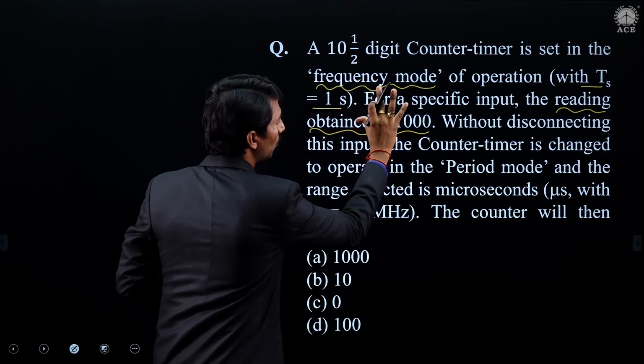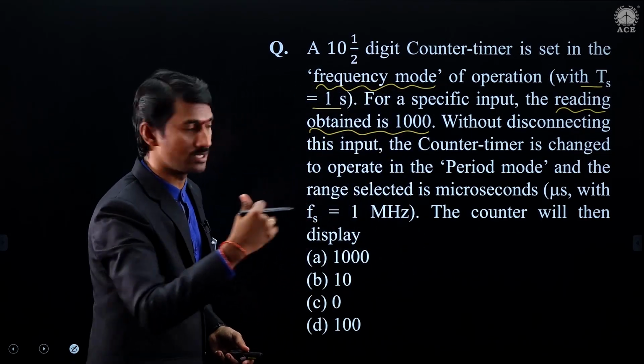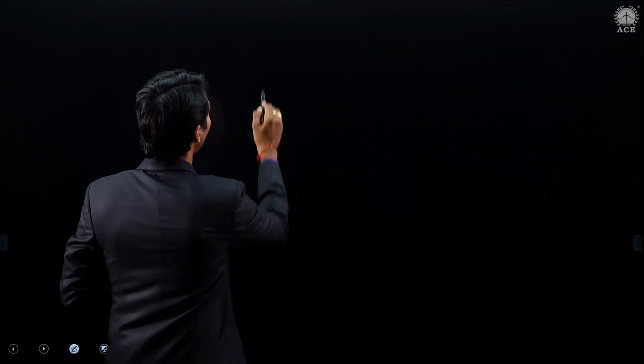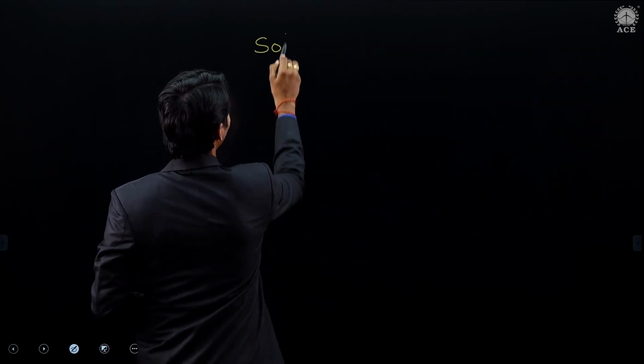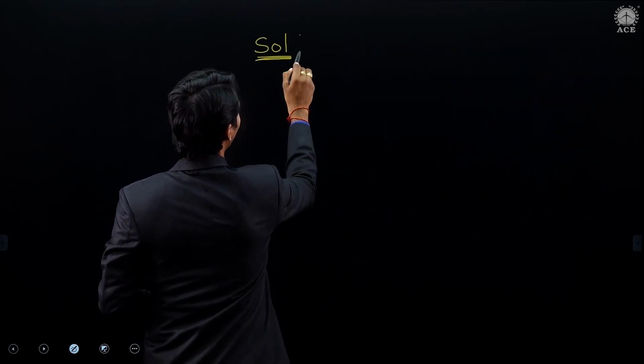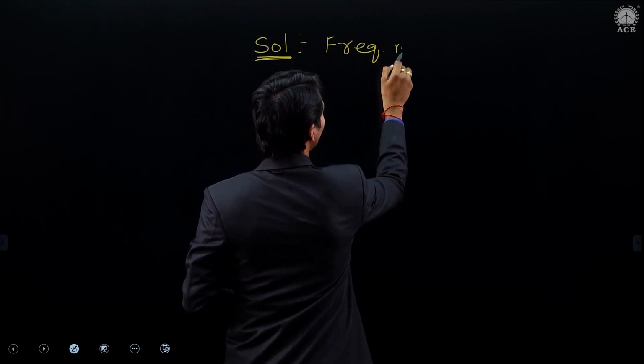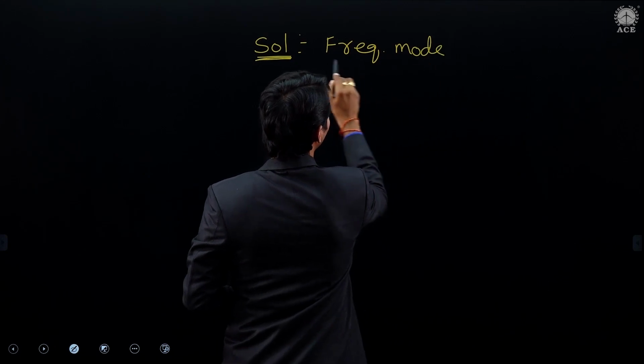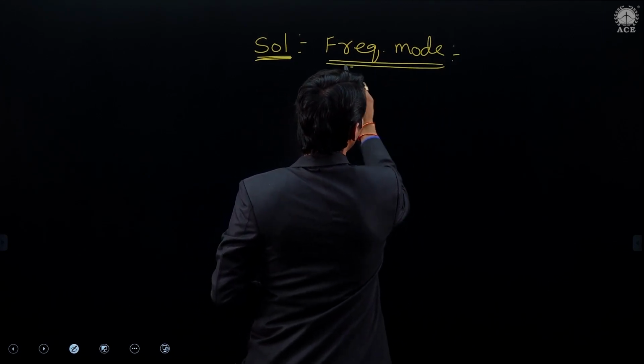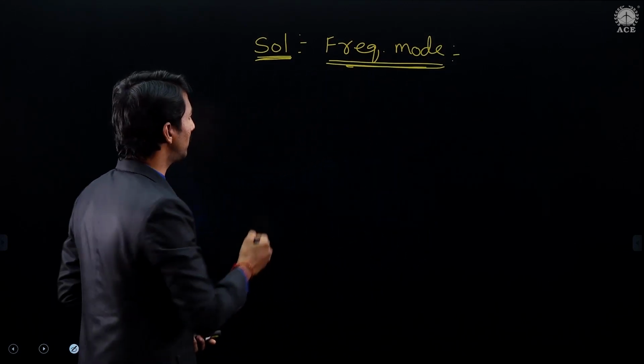I am taking only half of the data first. Let us proceed with that. Here, in this solution, first I am taking frequency mode. The first mode of operation is frequency mode. What is the reading formula generally?